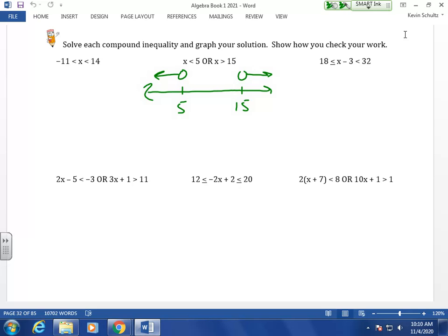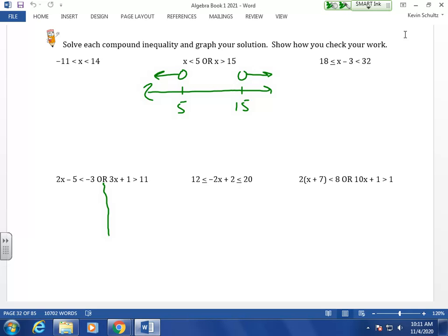Okay. We go down in the second row, that first one, and we're not ready to graph those because x is not by itself. And that word or can kind of serve as a divider. We're not going to solve both inequalities at once like with the and statements. We're going to solve each one separately and then just graph our solutions on the same number line.